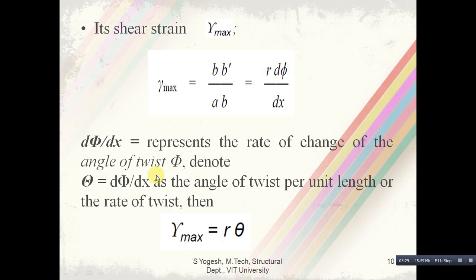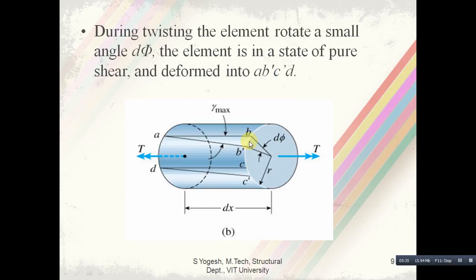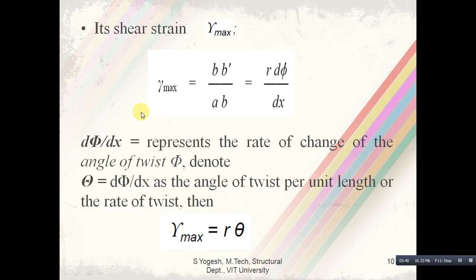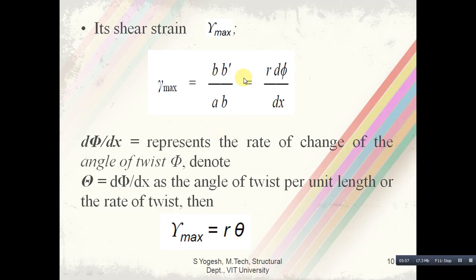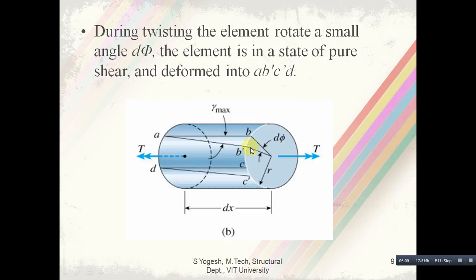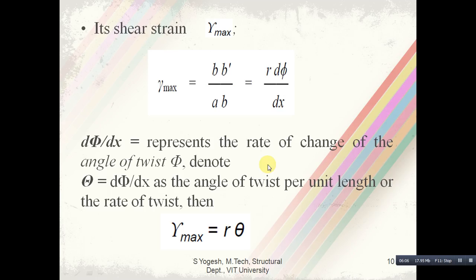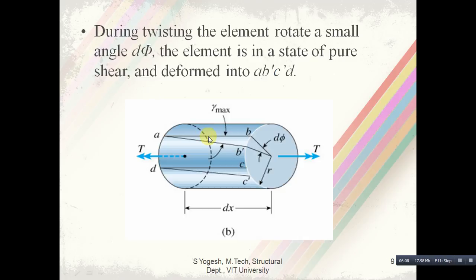From this, a small displacement occurs from B to B dash, or C to C dash. While displacing, shear strain is produced, represented as gamma max, and gamma max is BB dash divided by AB, that is equal to R, which is the radius of the shaft or bar, times d phi, the angle with respect to dx.